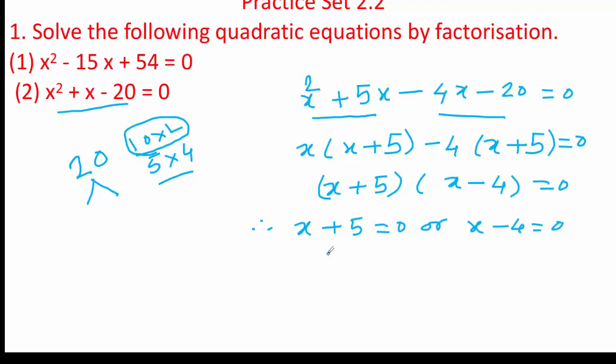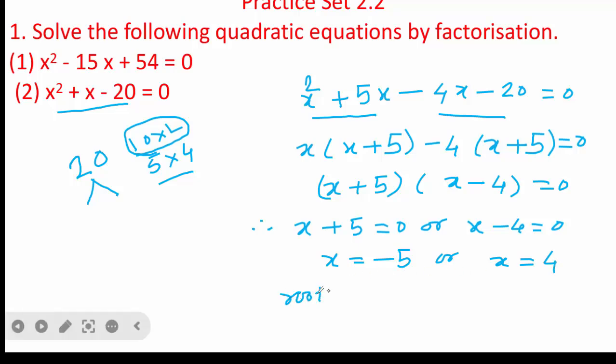If I transfer this 5 to the right hand side, I will get x equal to minus 5, or transferring 4 to the right hand side, I will get x equal to plus 4. Therefore, roots of quadratic equation are minus 5 and 4.